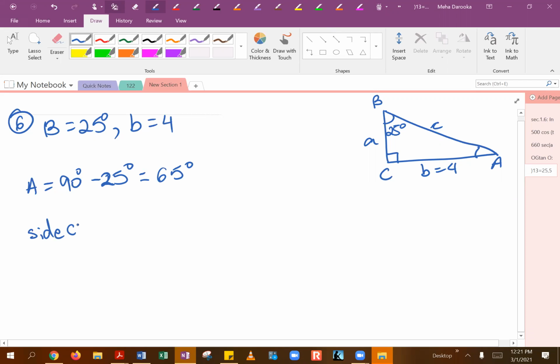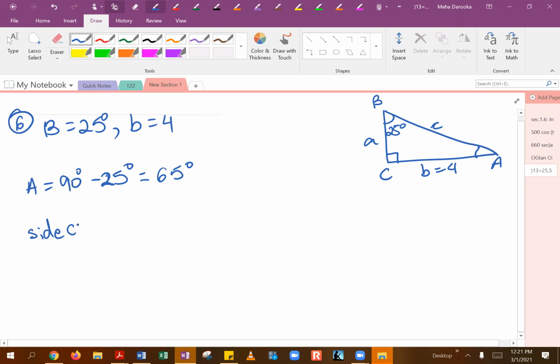So if you want to find side C, you will basically multiply both sides by side C and then divide the left-hand side by cosine of 65 degrees so that we can get side C on one side, everything else on the other side. So that will end up giving you side C equals 4 divided by cosine of 65 degrees.